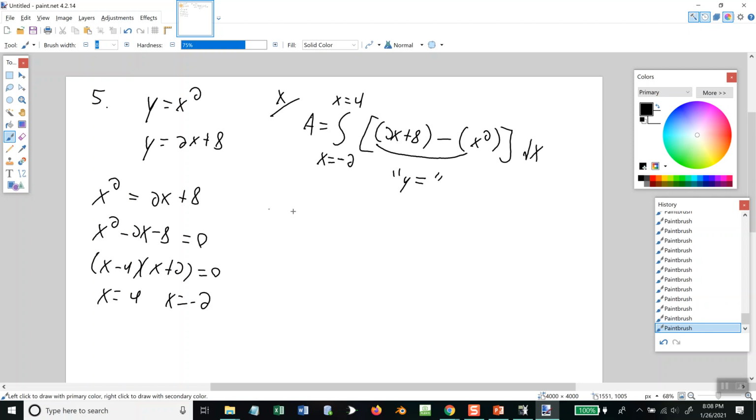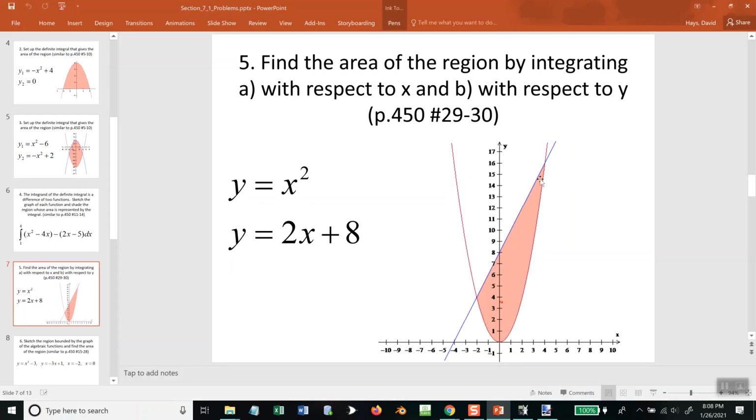And dx. The one that's above: you pick a point, and if you draw a straight line, the one that's higher in terms of y values is the one that's above.